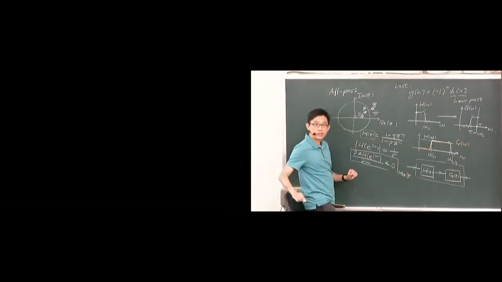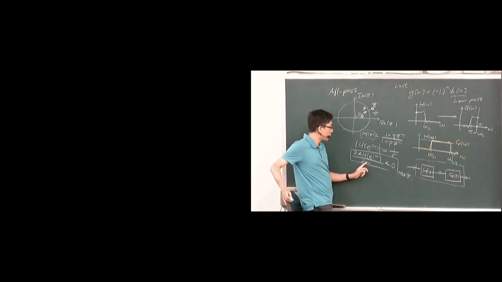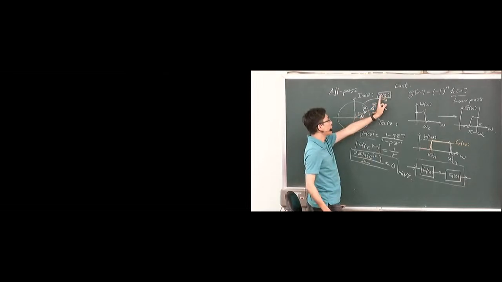In homework number 5, I suggest that we can reach this conclusion through the bilinear transformation. The key idea is that we put the pole and zero map through the inverse of the bilinear transformation.